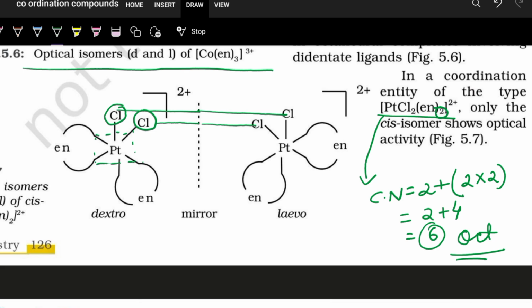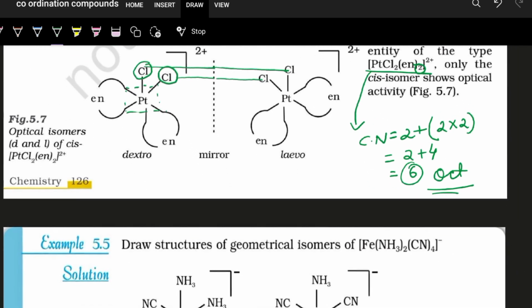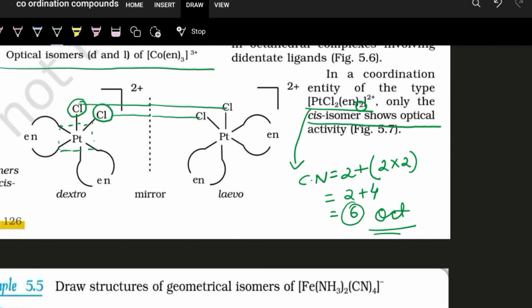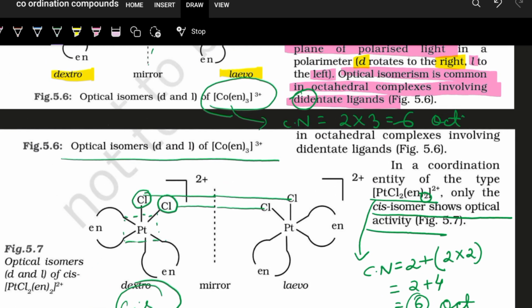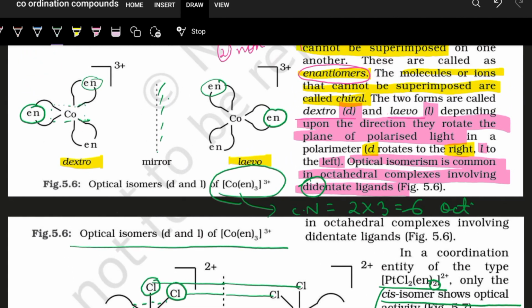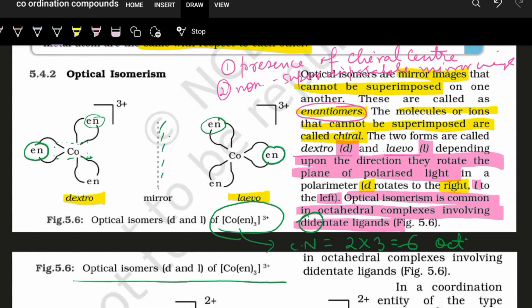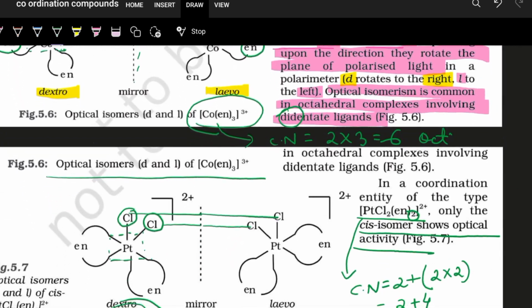In that manner, if you draw the mirror image, you see it is non-superimposable. So it is the cis isomer showing optical activity of this type. So this is what you have seen in optical isomerism.